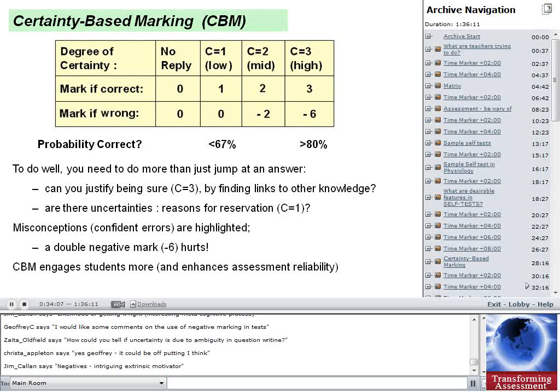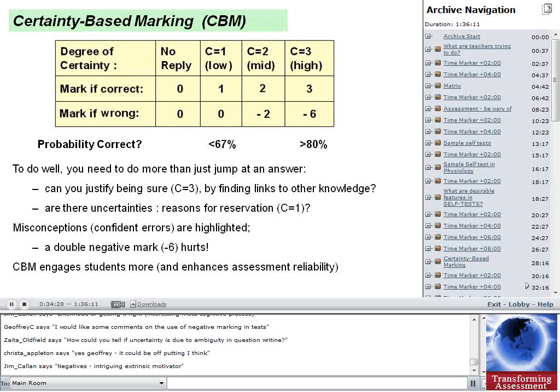Would students then say, what's the point of going for a C3 unless I'm absolutely 100% sure? Surely if I had any uncertainty, I would go for a C1, as there'd be no point doing no reply.